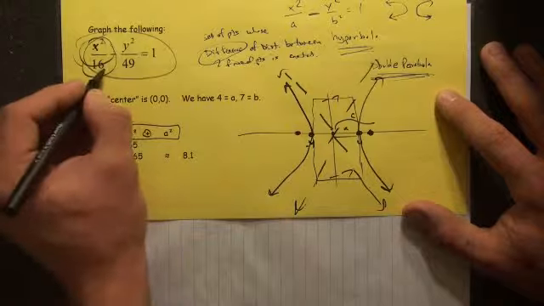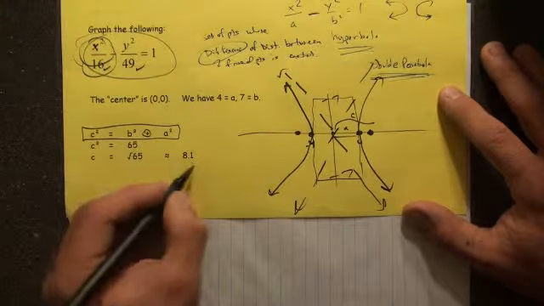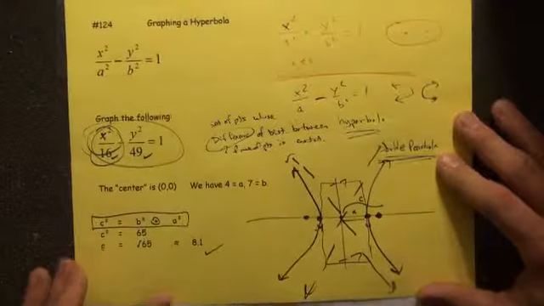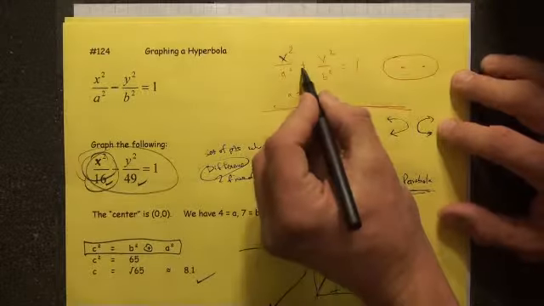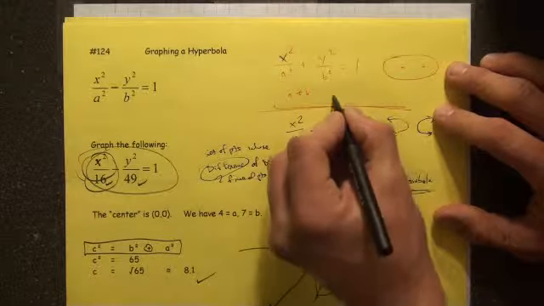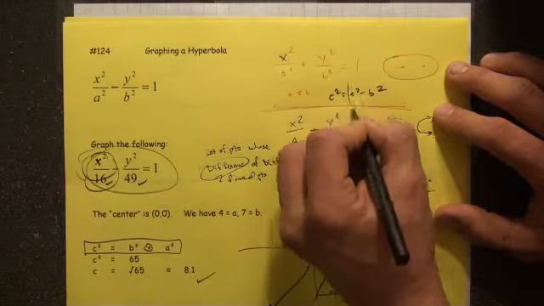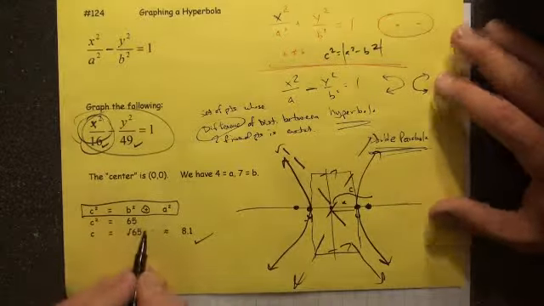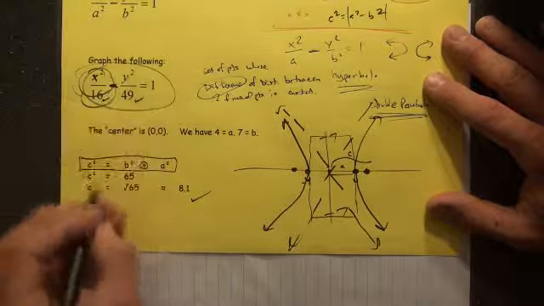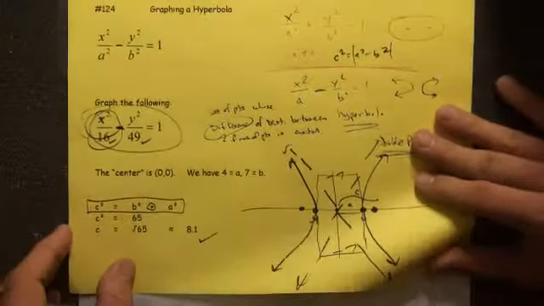You get root 65 because you simply add 16 and 49, which is about 8.1. So for the ellipse, and this is a little bit of a summary video, c squared would equal a squared minus b squared, or b squared minus a squared. And for a hyperbola, it would be b squared plus a squared. So that's pretty much all we need here.